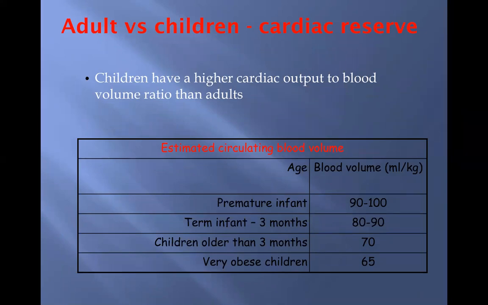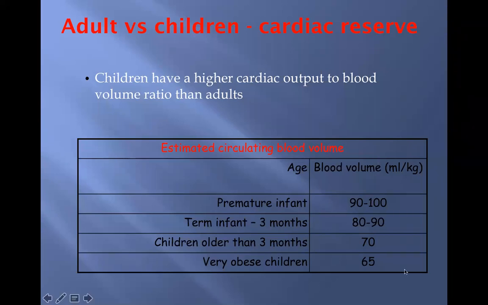If we look at these numbers, the premature infant contains about 90 to 100 ml per kg, while the term infant up to 3 months of age has 80 to 90 ml per kg. Children older than 3 months have about 70 ml per kg. Very obese children have 65 ml per kg.